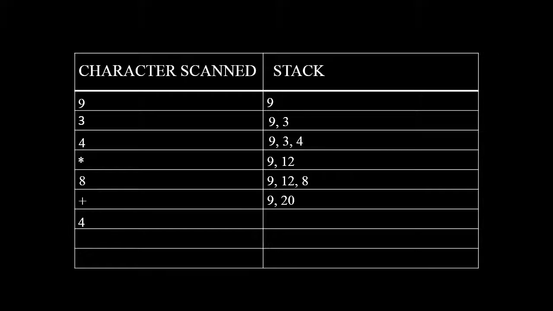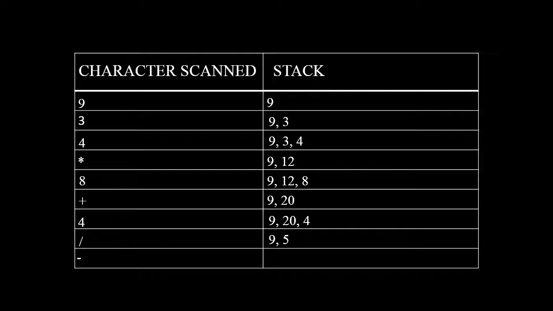As 4 is an operand, it is pushed on the stack. Now here comes divide. As divide is an operator, the top two values, that is 4 and 20, are popped and divide is applied on 20 and 4. 20 divided by 4 is equal to 5. So 5 is pushed on the stack.